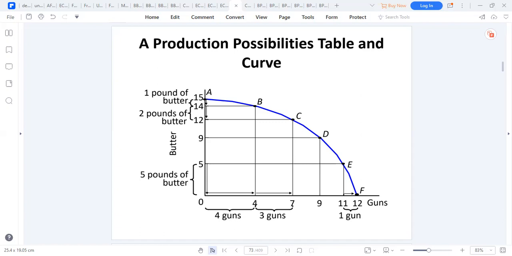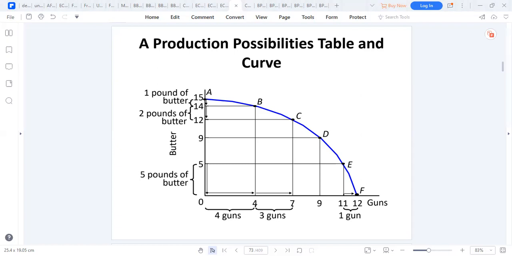The points along the graph, points A, B, C, and D, represent an optimal or efficient combination of resources, where all resources are fully employed, so we are able to produce at the points on the PPF.